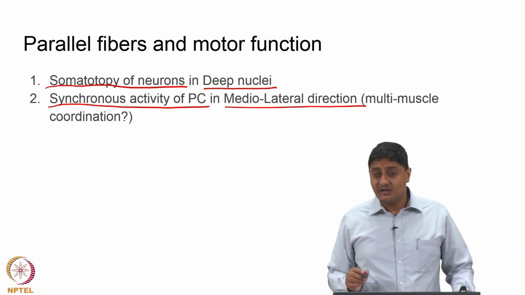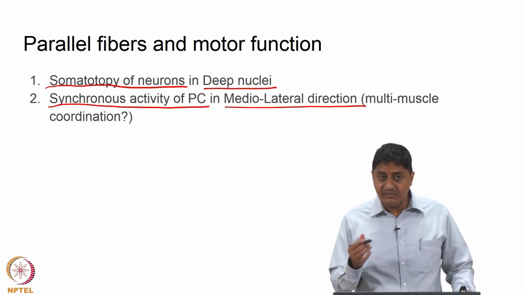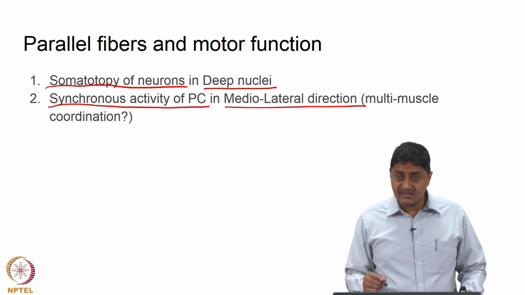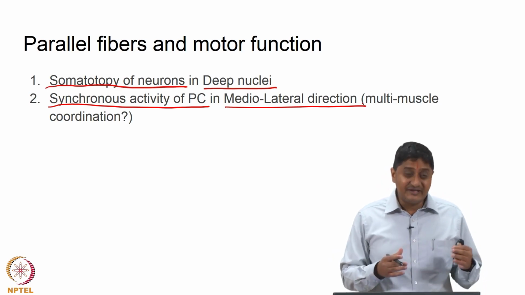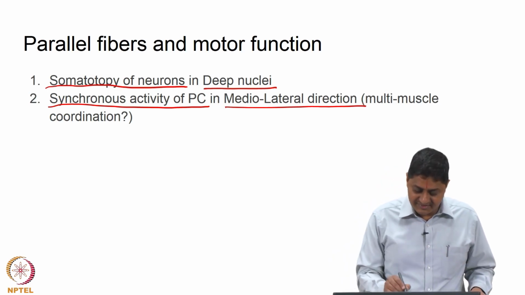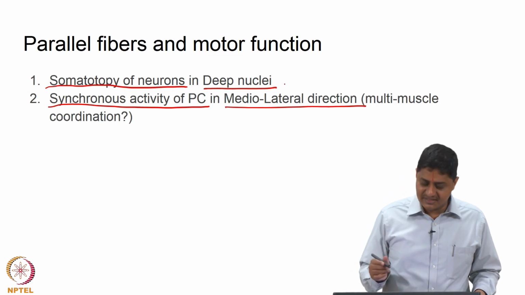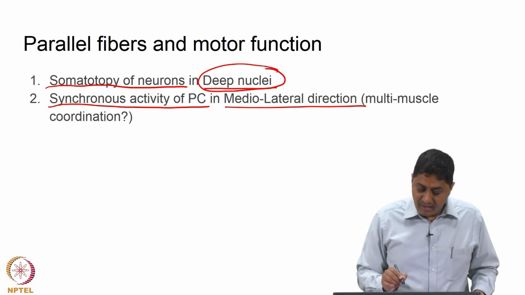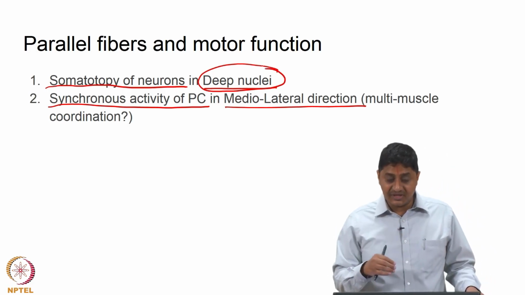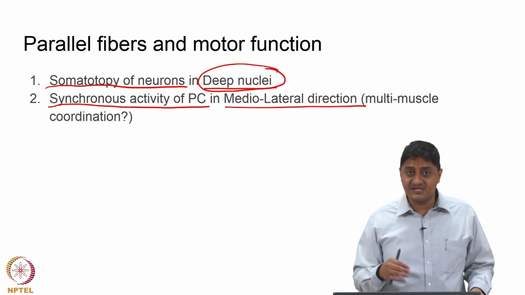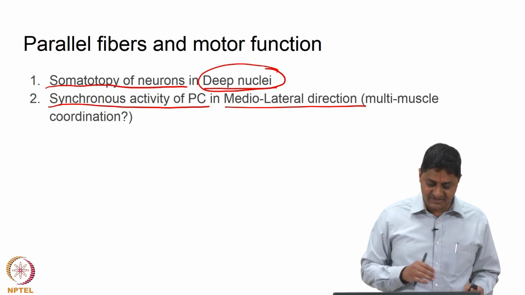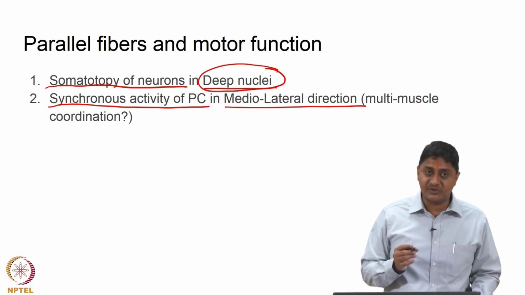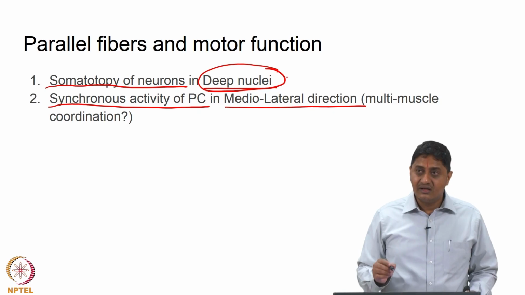So, what does that mean? That means in the mediolateral direction there is representation for different muscles. This representation is there not in the cerebellar cortex, not in the molecular layer, but in the deep nuclei, and they receive information from the Purkinje system somatotopically. So, there is topographic representation in the deep nuclei.